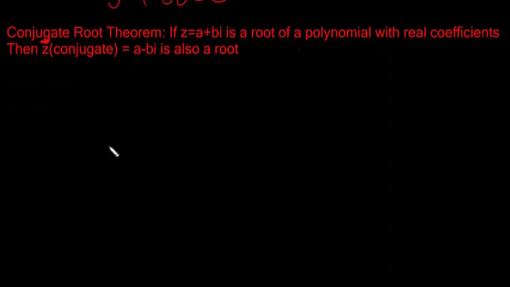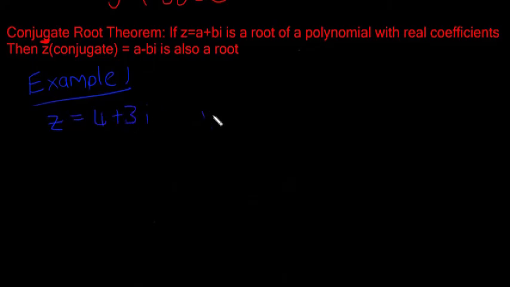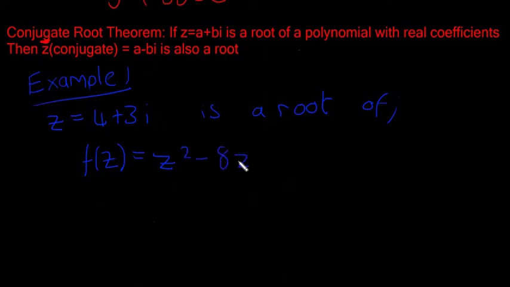Okay, we'll go blue. Our example, example 1, it's only going to be one example. So z equals 4 plus 3i, we'll say, is a root of f of z equals z squared minus 8z plus 25.